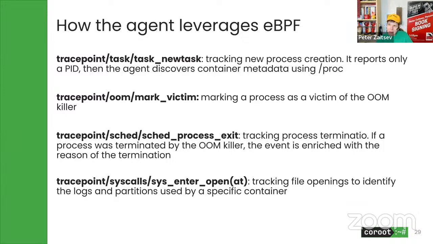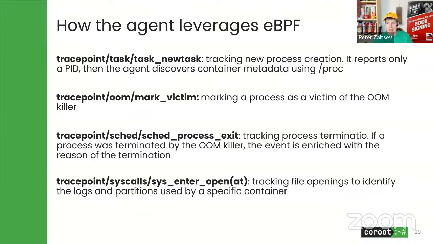The first thing is we are tracking new process starts, because all the processes are going to be identified by their PIDs as work goes on in the kernel. So if you want to know all the metadata about the process, we need to catch that during process creation and then map it to a PID.